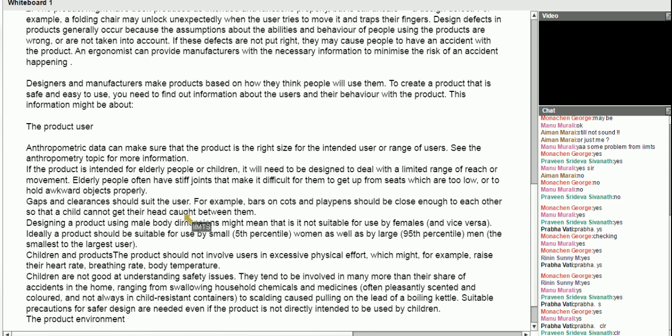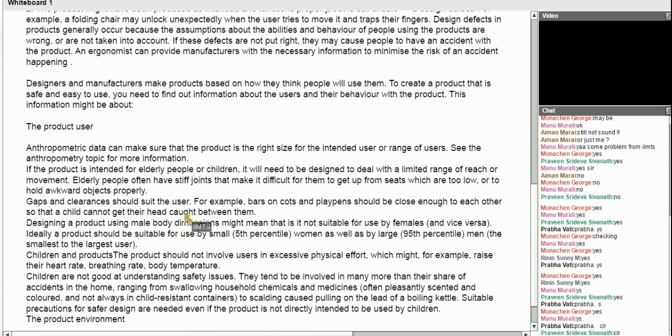Like here they are referencing the example of chairs, that the chair should be less in height, so that elderly people can easily sit on it. Okay. Gaps and clearances should suit the user. For example, the bars on cots and playpens should be close enough to each other so that a child cannot get their head caught between them.